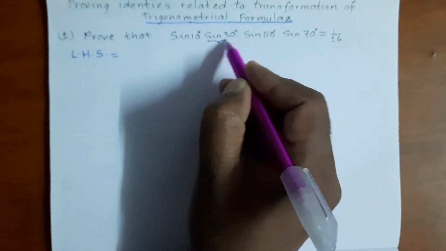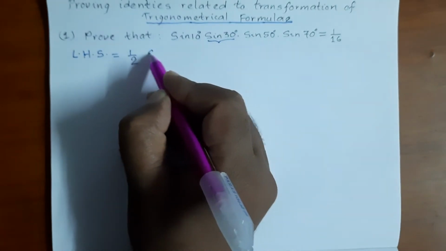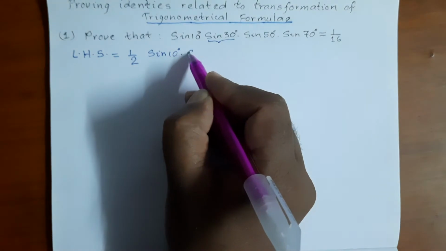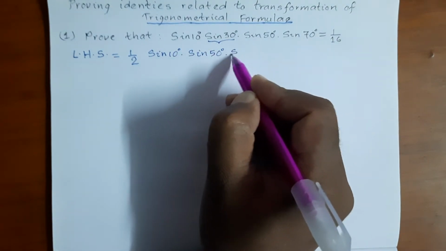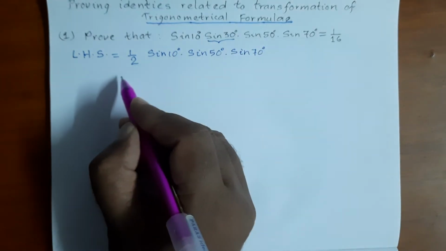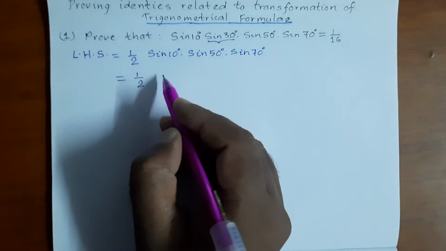So in place of sine 30, we can write 1/2, and here is sine 10 degree, sine 50 degree, sine 70 degree. So now this equals 1/2.